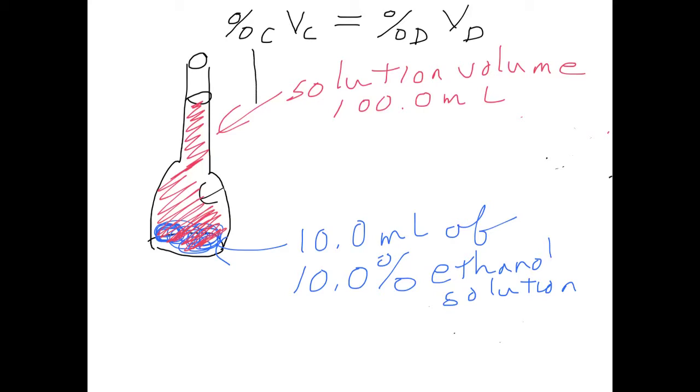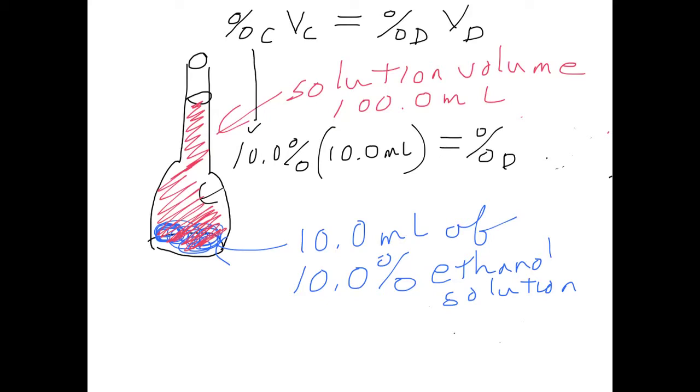So in our little scenario here, we had a 10% solution that was concentrated, and we used 10 milliliters of it. We diluted it to a volume. In other words, we made 100 milliliters of our dilute solution.